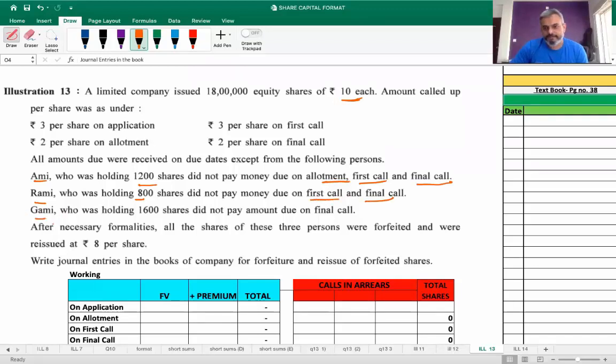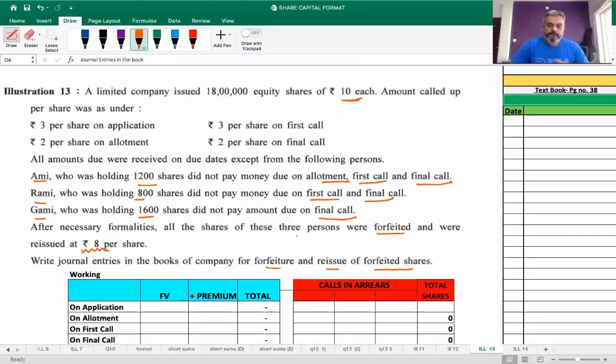And Gami, who was holding 1600 shares, did not pay amount due on final call. After necessary formalities, all the shares of these three persons were forfeited and were reissued at rupees 8 per share. Write journal entry in the books of the company for forfeiture and reissue of forfeited shares.